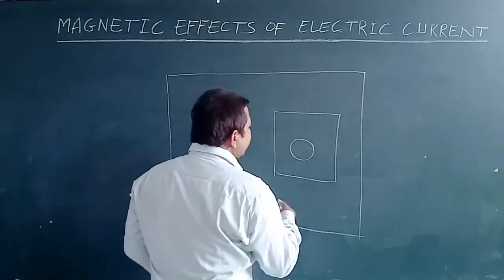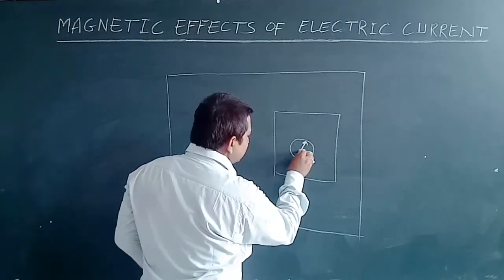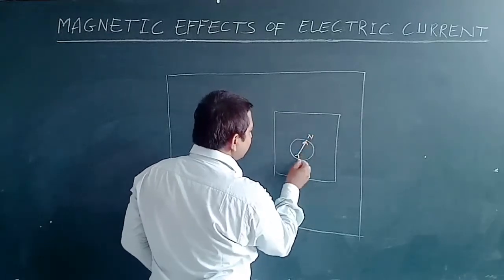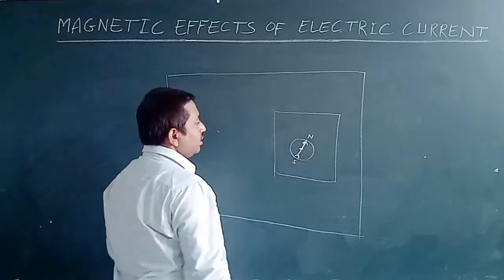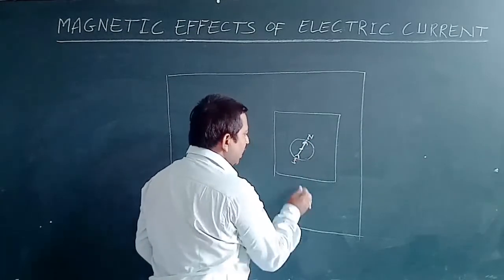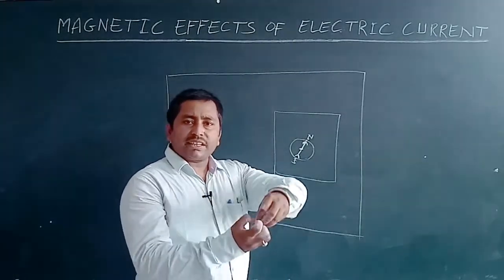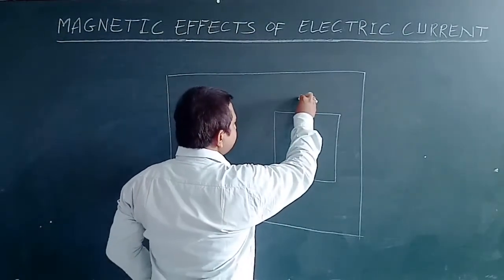Suppose the magnetic needle initially points in this direction, then this direction can be assumed as north and this one as south, pointing out with the help of the pencil here. Now put a thick copper wire just above this magnetic needle.